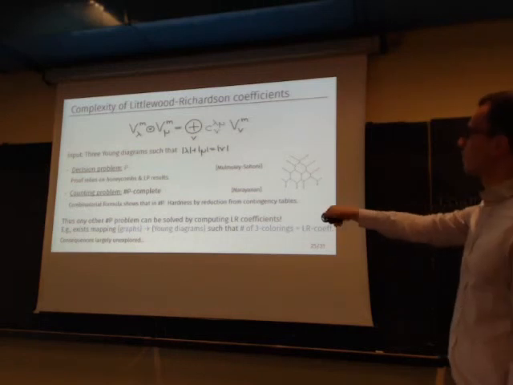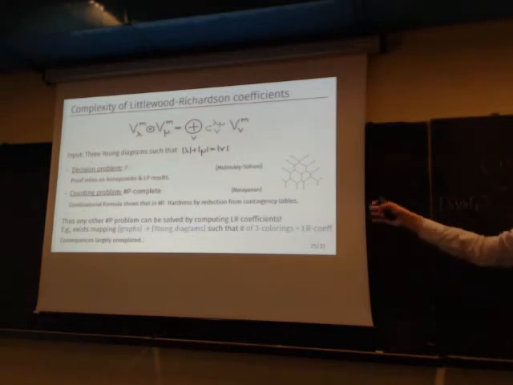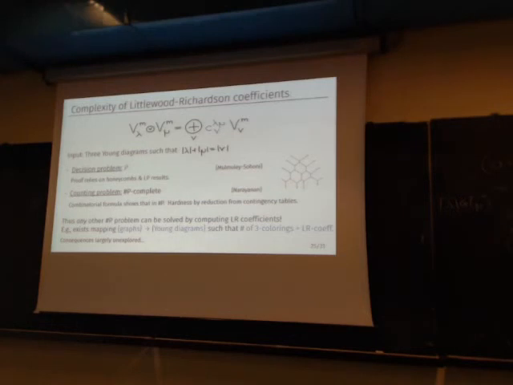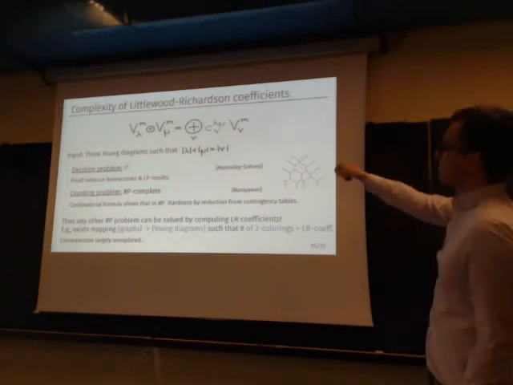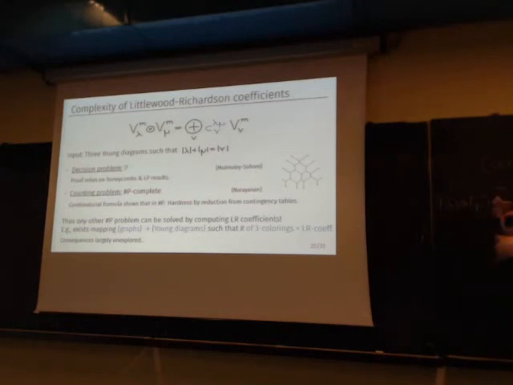What one does is, the combinatorial formula for the Littlewood-Richardson coefficient in terms of counting tableaux shows that it's in #P, and to show that it's hard, one identifies some special partitions for which the Littlewood-Richardson coefficient is counting well-known hard things, something called contingency tables, which someone else already showed are hard. So that's the landscape.